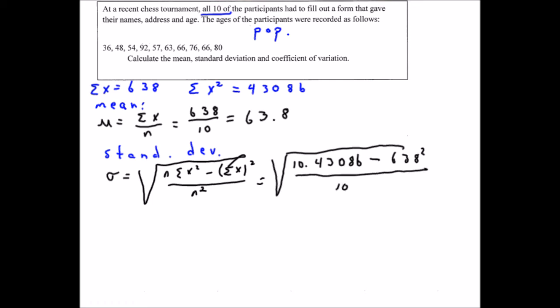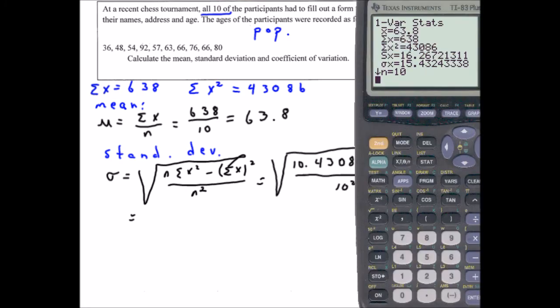Over 10 squared equals. And again, you can pull that directly off the calculator with our sigma x. 15.43. For the mean, that's one place value beyond the data. For the standard deviation, that's 2 place values beyond the data.